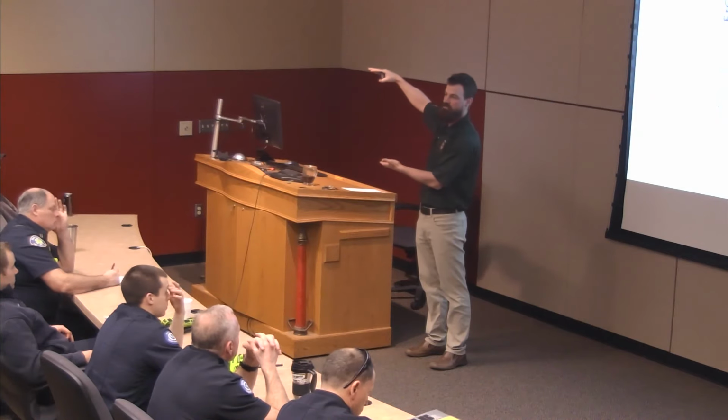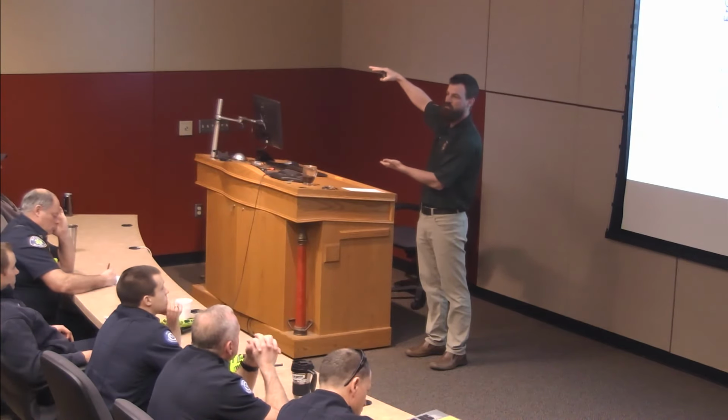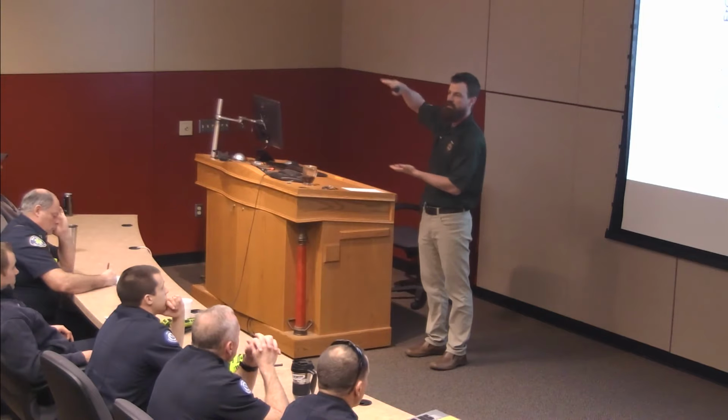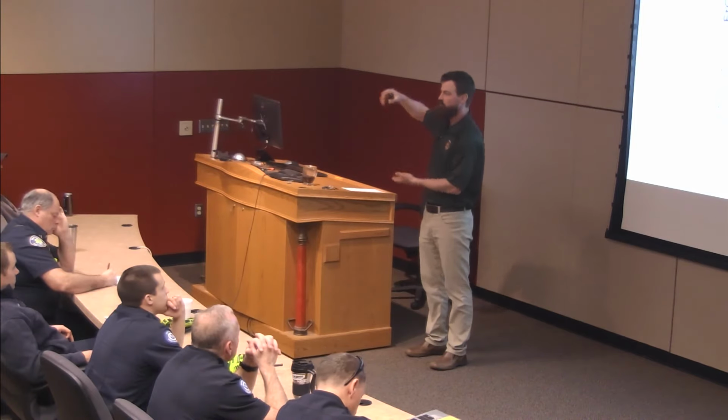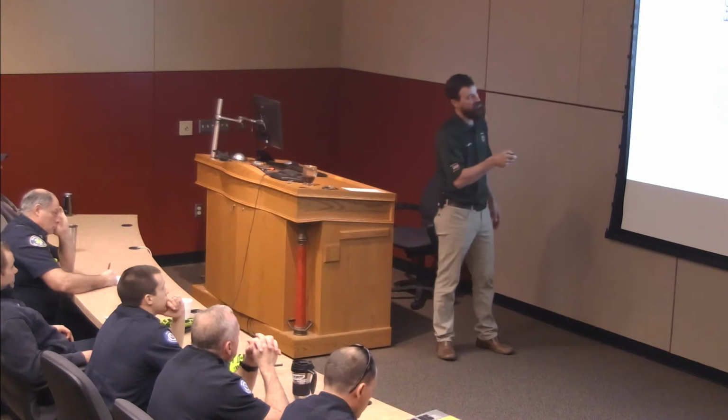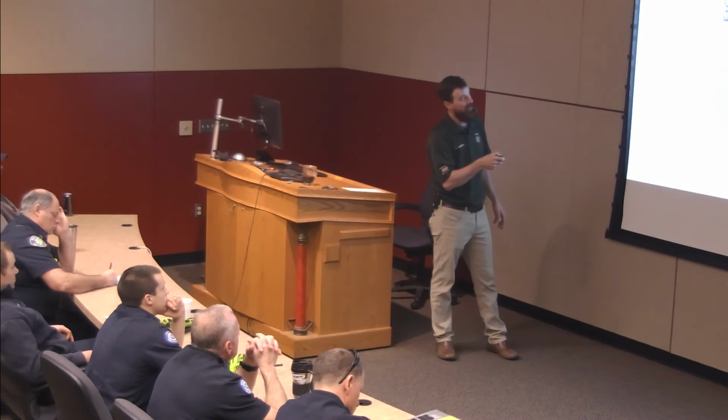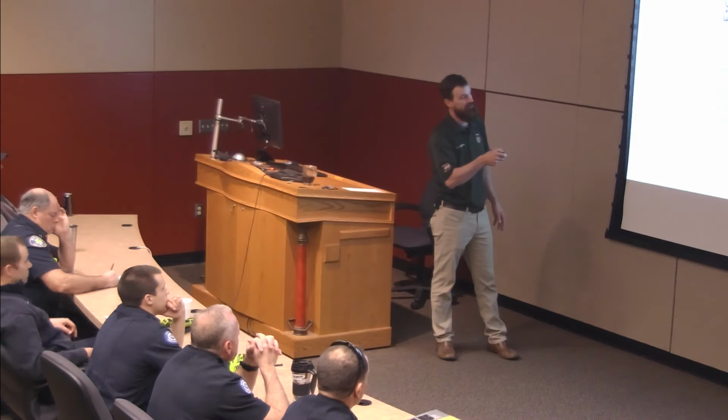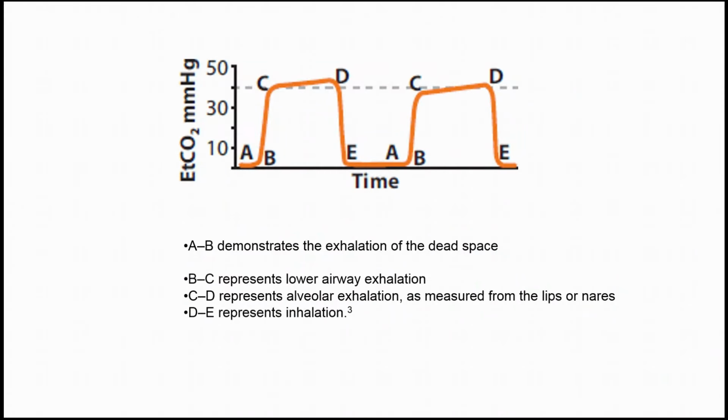I didn't suck oxygen out of it, and I didn't offload CO2 into it, right? So I don't get a whole lot of change in this picture. But then as I expire more and I start to see alveolar gas, alveolar gases start to participate, and I bring up this level from 0 to now, in this circumstance, 40 millimeters of mercury, okay, which is my measurement of CO2, okay?